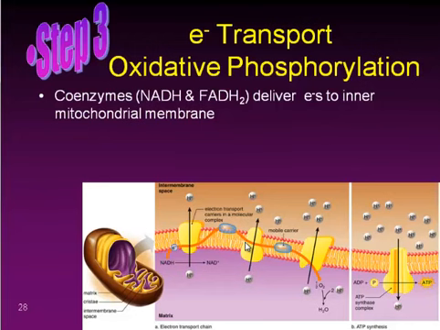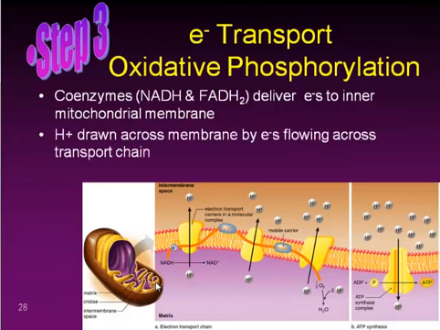Where are we going to deliver the electrons? Well, we're going to deliver them to the inner membrane, this membrane right here, of the mitochondrion. Why are we delivering them there? Because if you deliver the electrons there, then you can actually draw, by the very fact of delivering these negatively charged electrons across this barrier, it sucks protons, extra hydrogen ions, across that barrier.